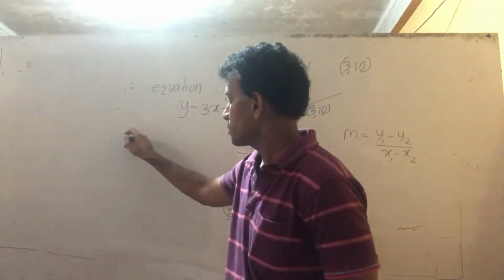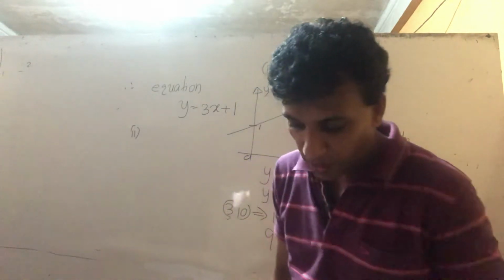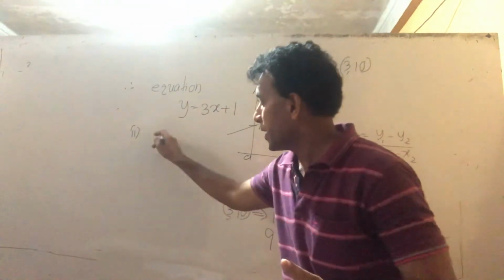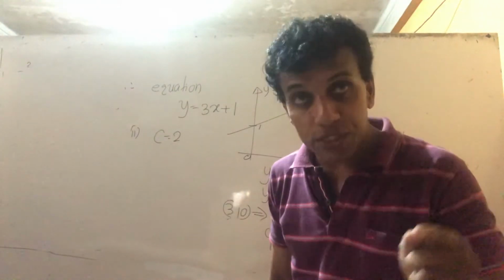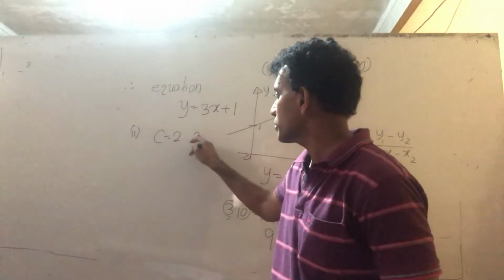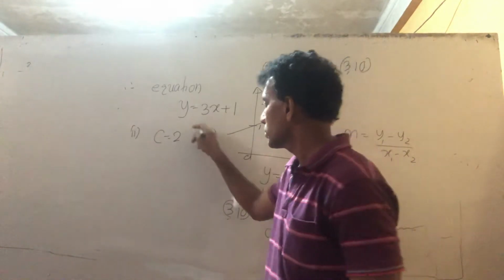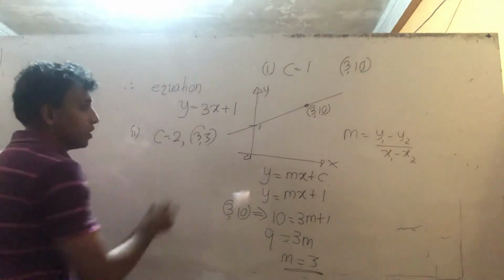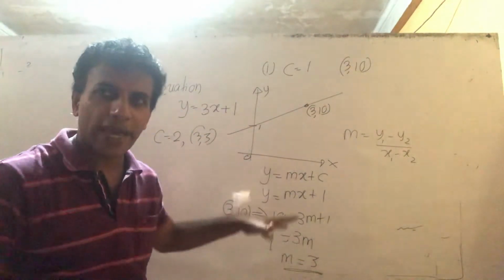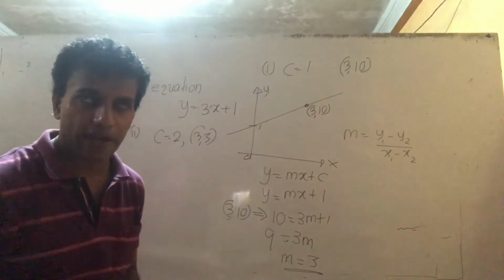Second question. There's a straight line. Intercept is 2, C is 2, and it passes through 3, 3. Then write the equation of the straight line. You can follow the same, roughly draw a diagram, or without that also you can, right?